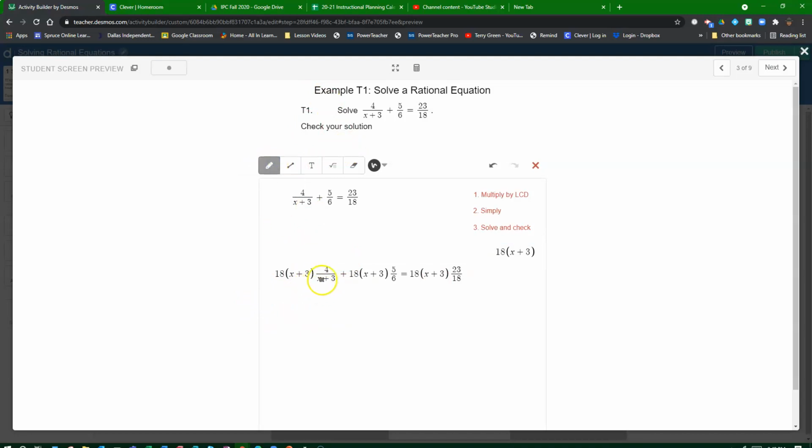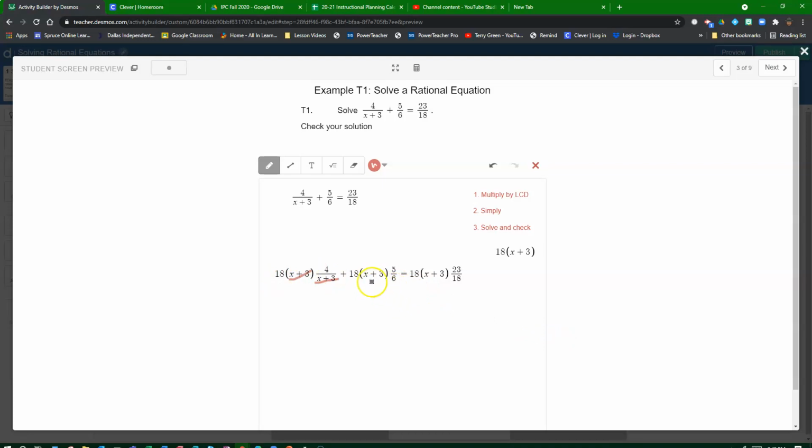Now, what can I cancel out? All right, I'll do this in red. I can cancel out here. I notice I have the x plus 3 in common, and that's over x plus 3, so those are going to go out. That's going to leave me with the 18 times the 4.